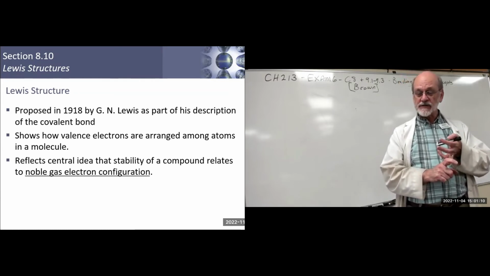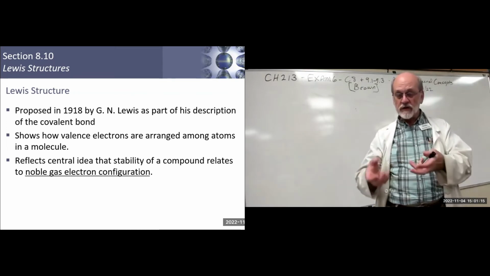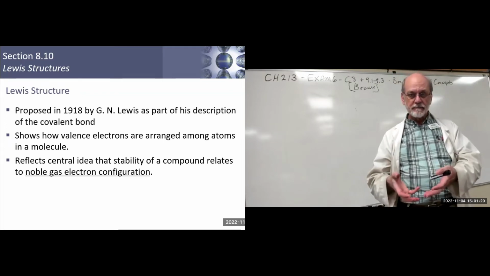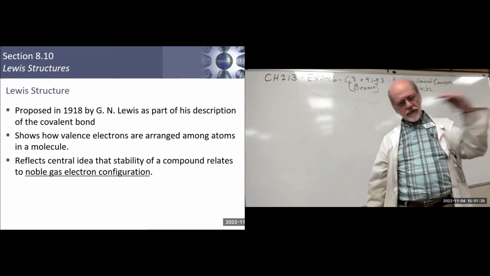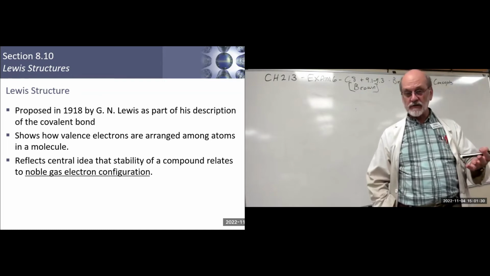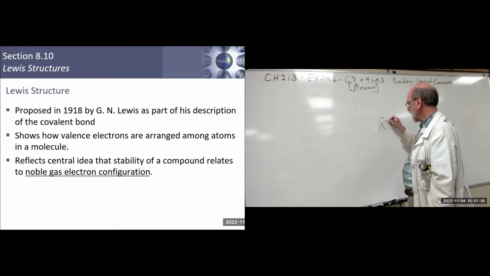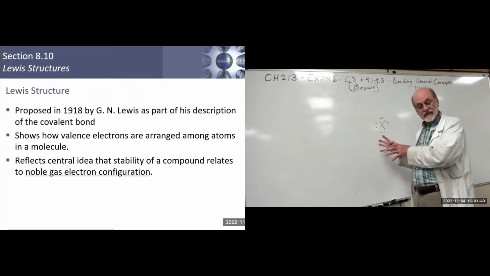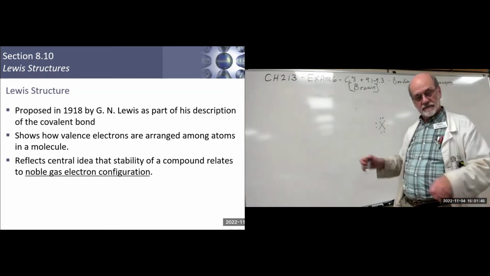And he noticed this concept that we introduced earlier, that what they were trending toward to form the bond was noble gas configurations. And he thought to himself, well, for the second period and the third period, that trend led to an octet of electrons. So he said, if you've got an atom here and it's got 8 electrons around it, like that, it's complete, right? It looks like a noble gas atom.